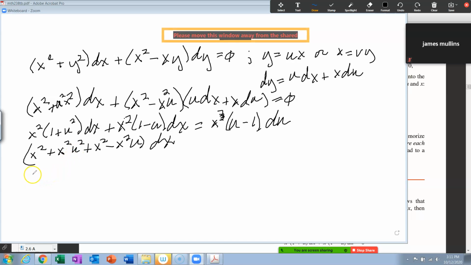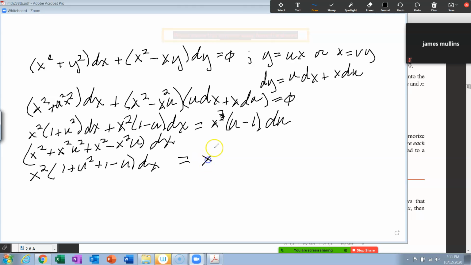Not particularly. Let's see what we got now. x squared times 1 plus u squared, this is where it's going, plus 1 minus u squared. No, minus u. That's minus u dx is equal to x cubed u minus 1 du.